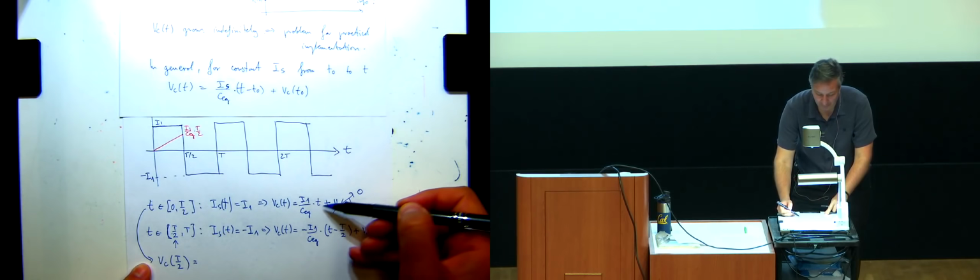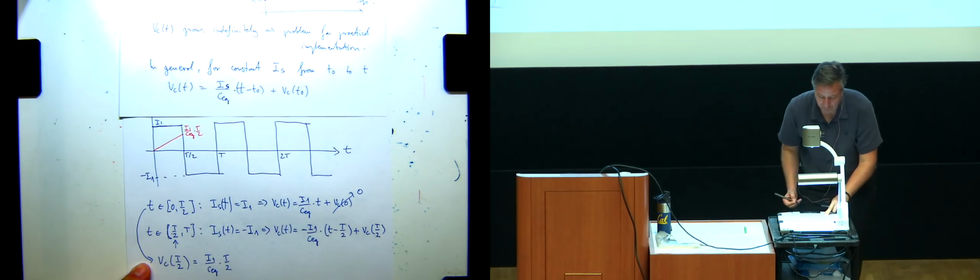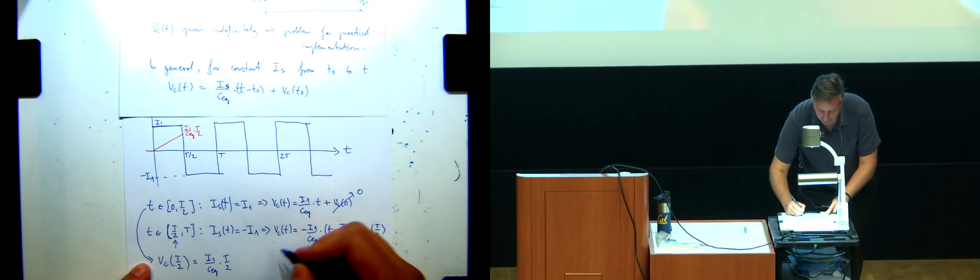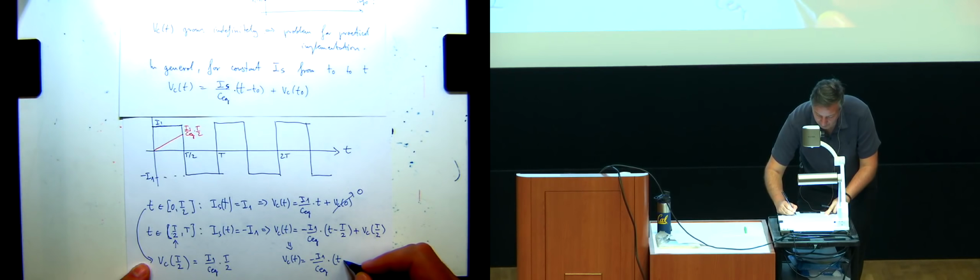I just plug in time T over 2 here, right? So it's I1 over C equivalent times T over 2. Okay, so I can then say this Vc of t equals minus I1 over C equivalent times t minus T over 2 plus I1 over C equivalent times T over 2.